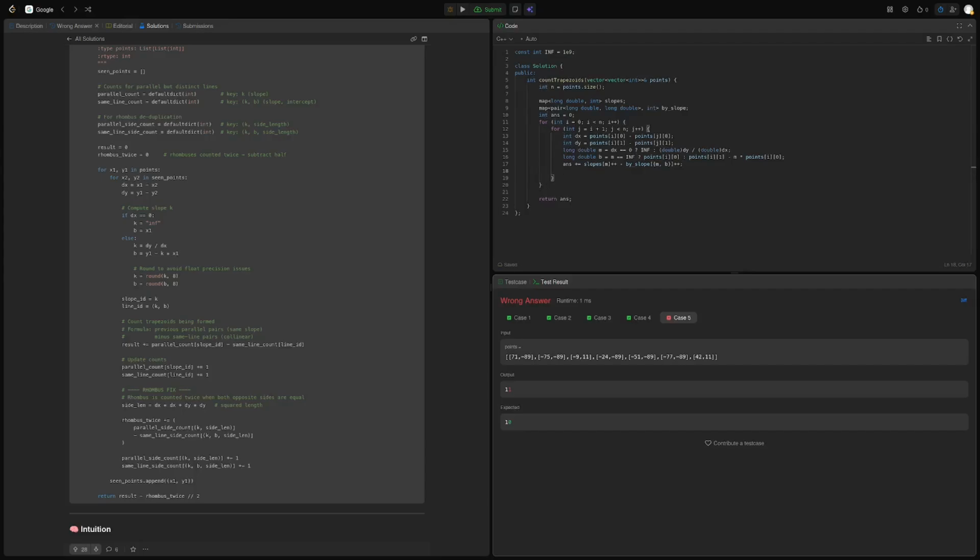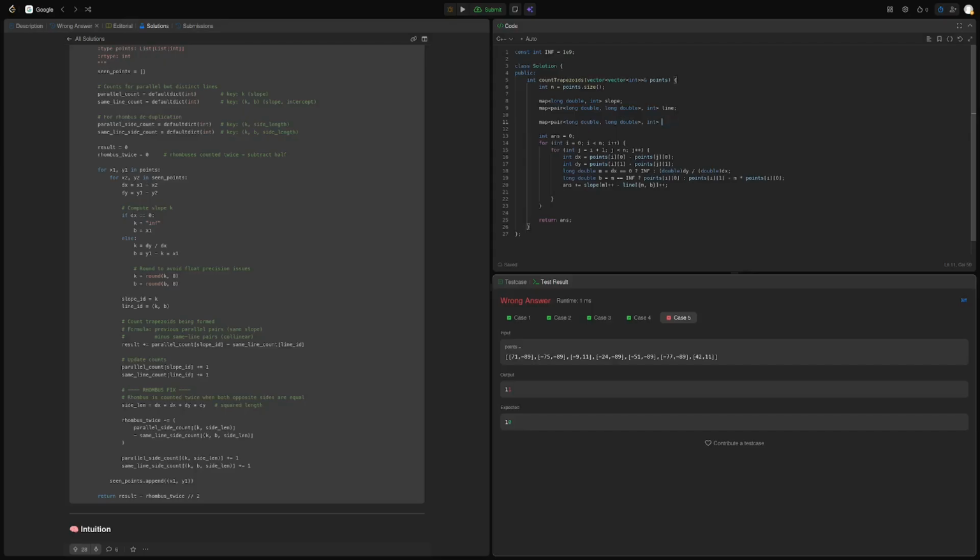We need to subtract the rhombuses, so slope, line, map pair, long double int.